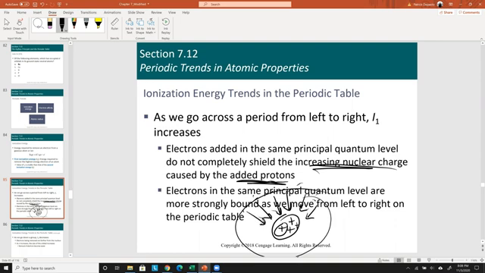It doesn't matter how many electrons you add, the nuclear force of the nucleus pulls all of them in, because all of these electrons are now experiencing an increase in nuclear charge. Electrons that are more tightly bound to the nucleus have a harder time of coming off, and it requires more energy. That is why ionization energy increases from left to right.